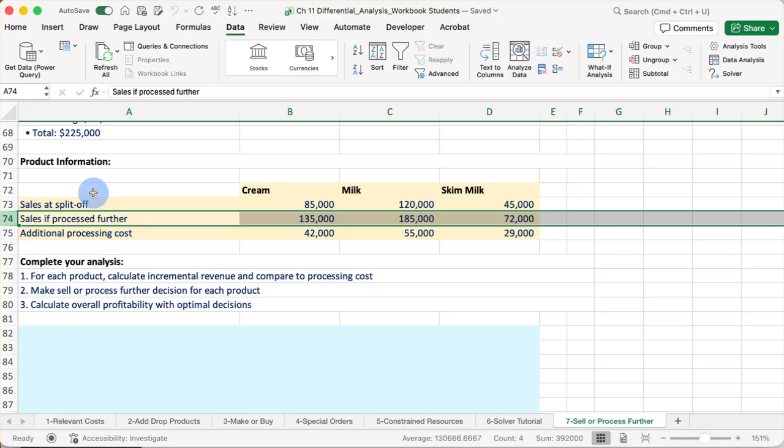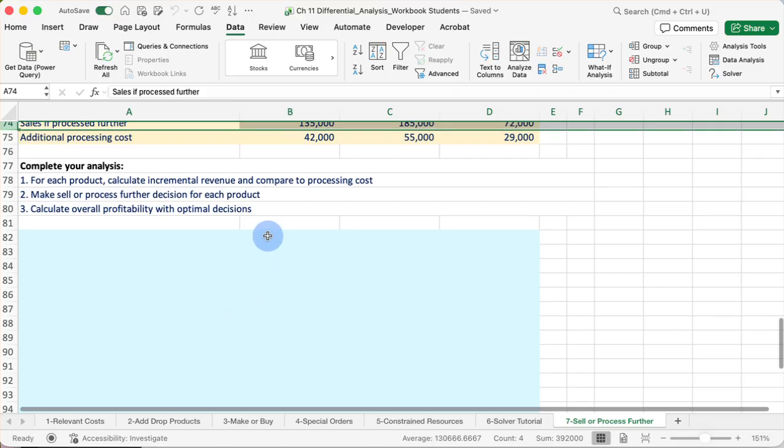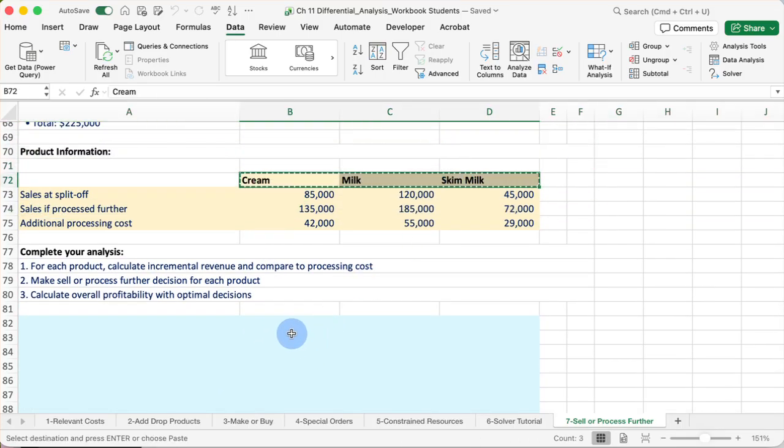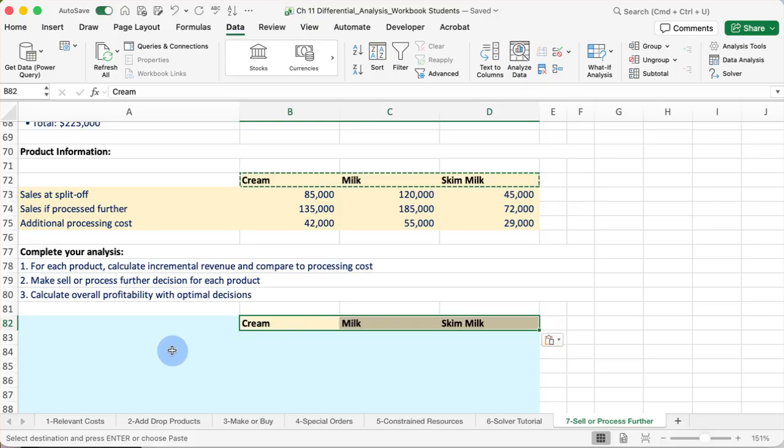So we want to do the same sort of thing that was done in the previous video and look at the incremental revenue and costs and decide if we are going to process or sell these products. So I'm going to pull down cream, milk, and skim milk so that we can just stay organized.